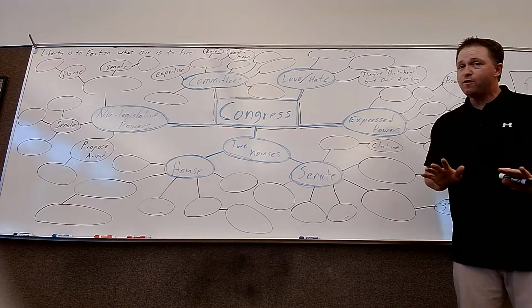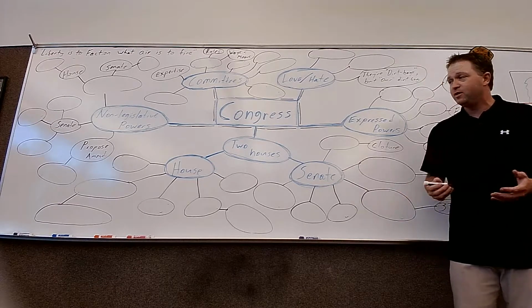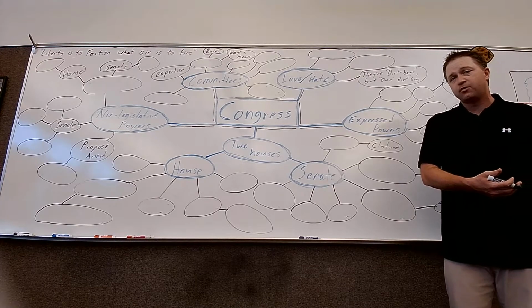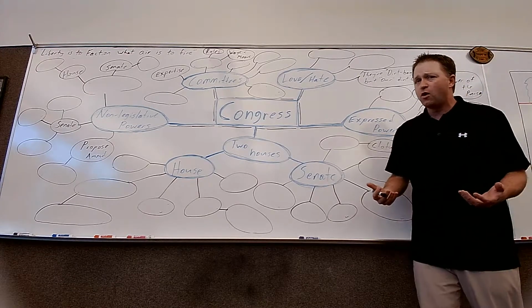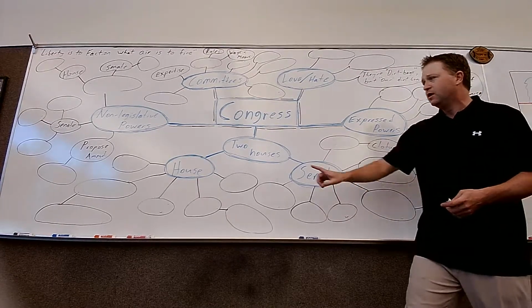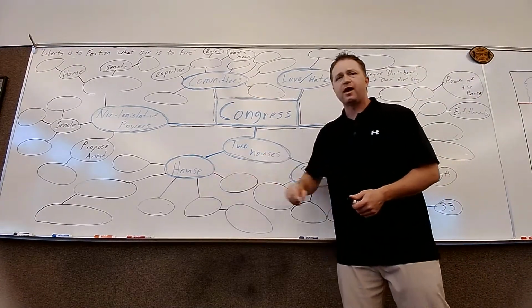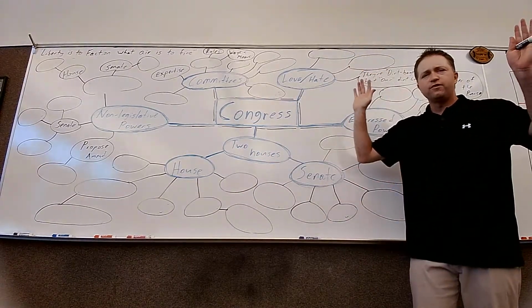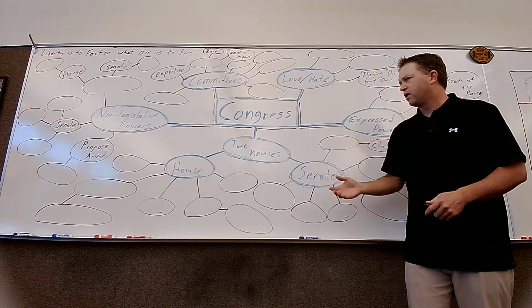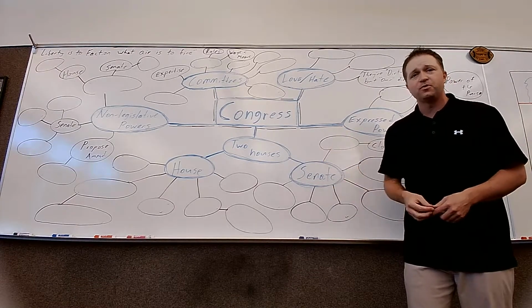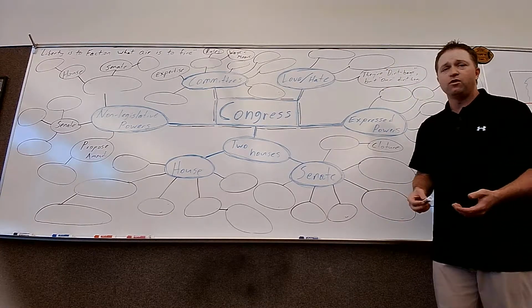So much smaller state in terms of population, but equal power in the Senate. However, that's kind of unfair to those big states, right? I mean, now those folks that live in Virginia, or in the modern example, California, their vote seems watered down compared to those smaller states. This is where the balance comes in with the House of Representatives. A state like California is going to have over 50 representatives, right? Whereas a state like Wyoming that only has 500,000 or so people that live there is only going to have one representative.